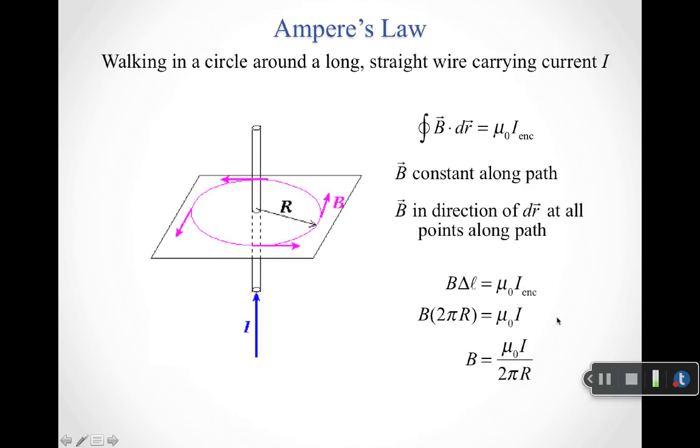So when I take this now fairly simple expression and solve for B, notice what I get: mu naught I over 2 pi R. That was the expression we got from the Biot-Savart law for the magnetic field at a distance r away from an infinitely long straight wire.